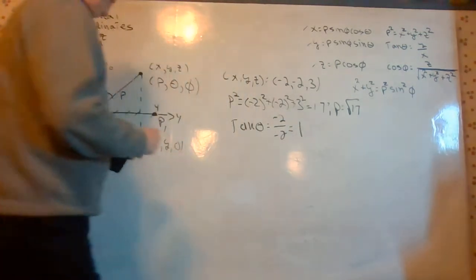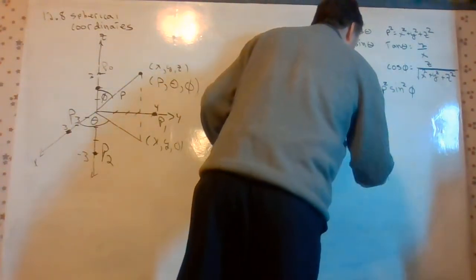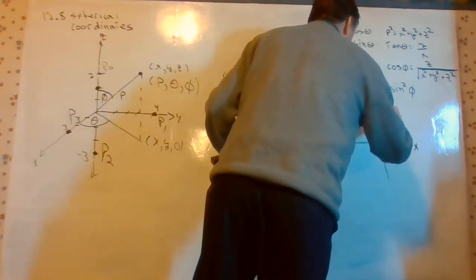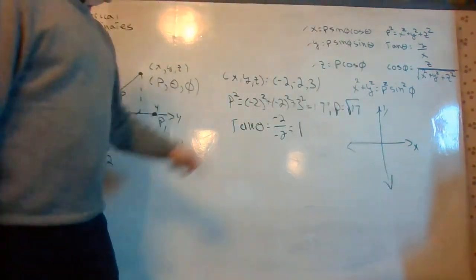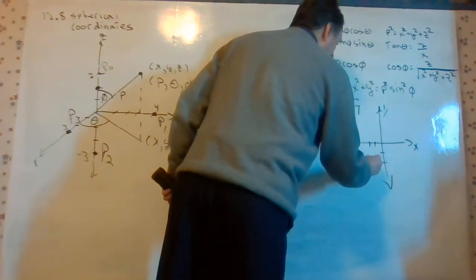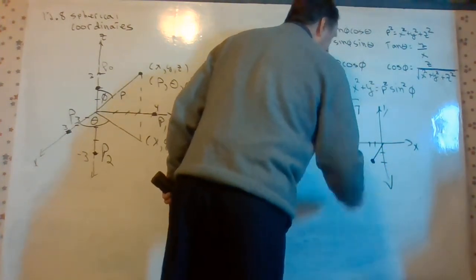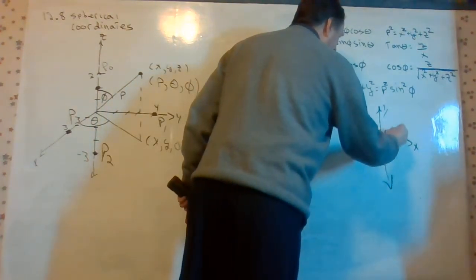equals 1. And the simplest way to find theta is to draw an XY sketch. Okay, just forget about z for a minute. XY -2, -2, that's over here. This angle here you can call the reference angle.